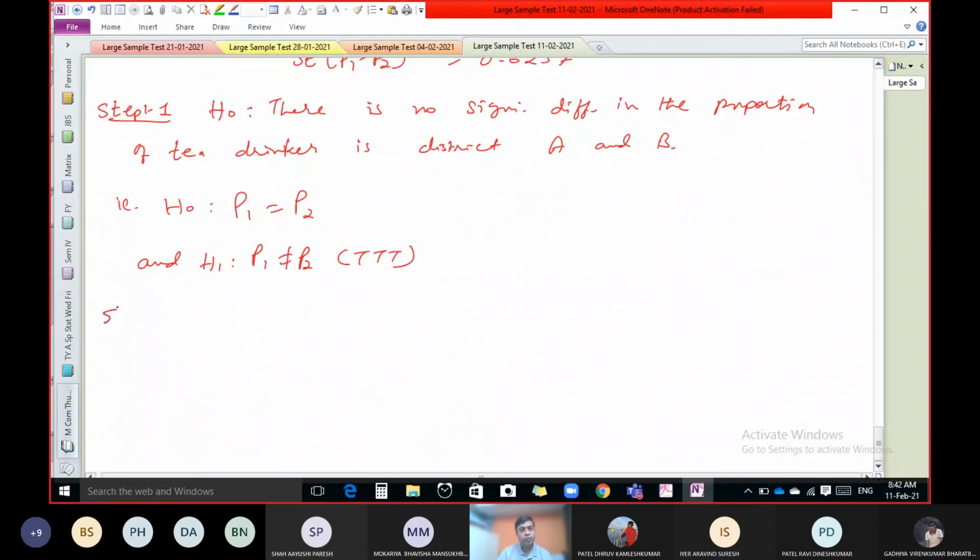Step 2, under H naught: Z equal to small p1 minus small p2 upon the standard error of small p1 minus small p2.